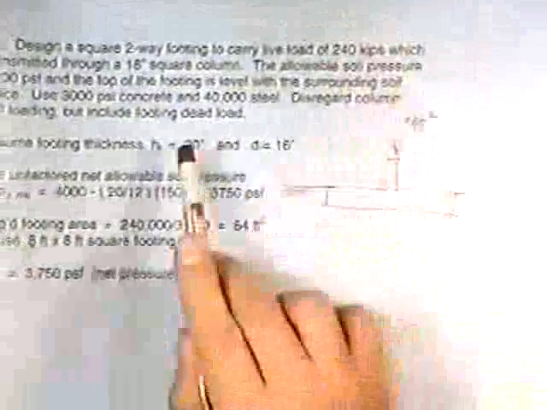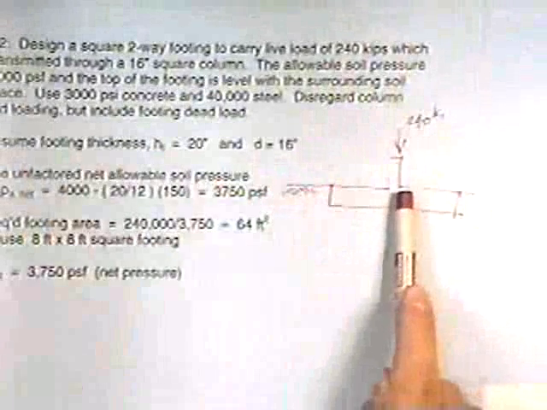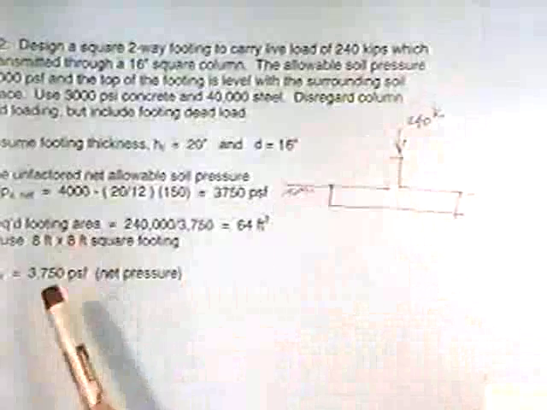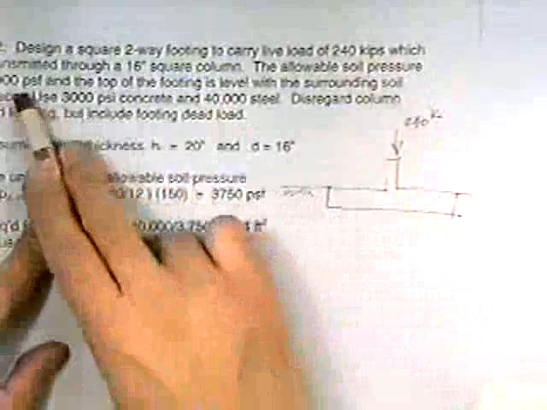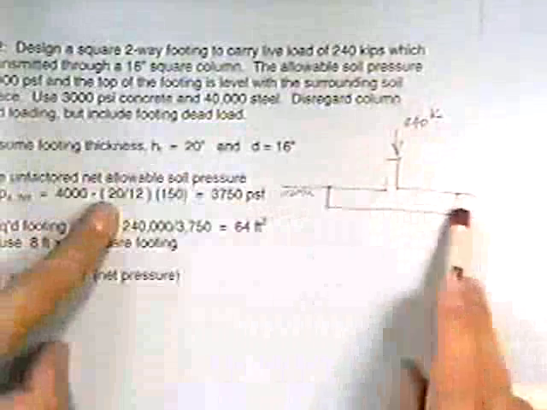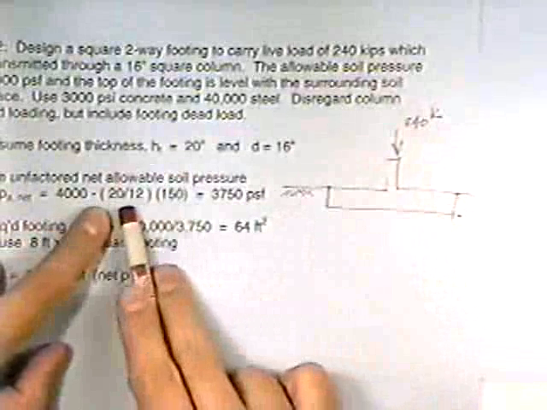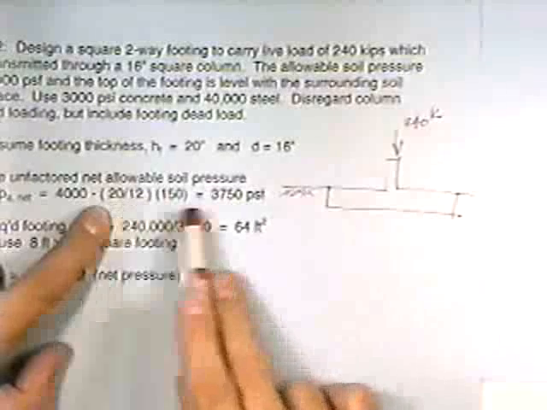Well, first of all, its capacity we know is 4,000. Part of that is going to be from the footing weight, and then the other part is going to be from the 240 kips. So let's figure out the net pressure. Well, if the allowable is 4,000, and we subtract off the part from the concrete, that's 150 pounds per cubic foot times the thickness of the footing itself in feet.